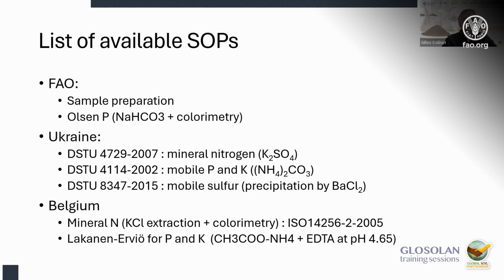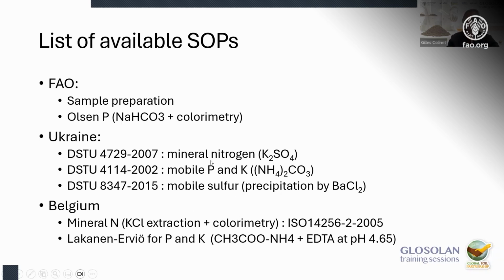In the list of SOPs from Ukraine, there were some for mineral nitrogen with extraction with potassium sulfate, K2SO4. In Belgium, for mineral nitrogen, we have a different procedure which follows an ISO norm, extraction with KCl and colorimetry, and we use that one.